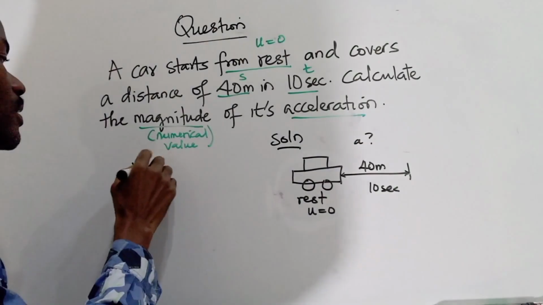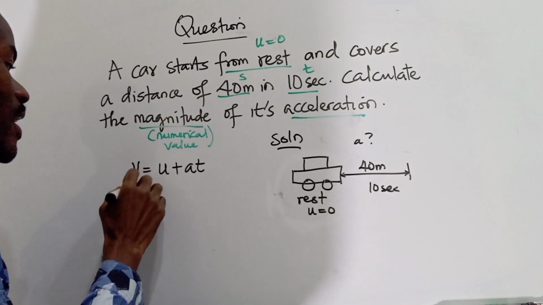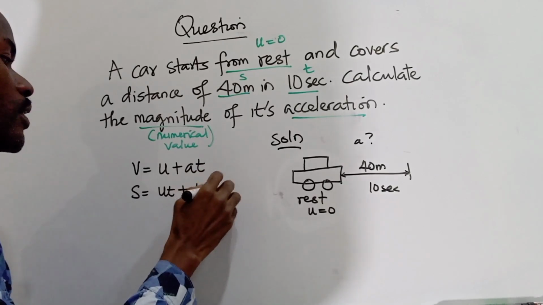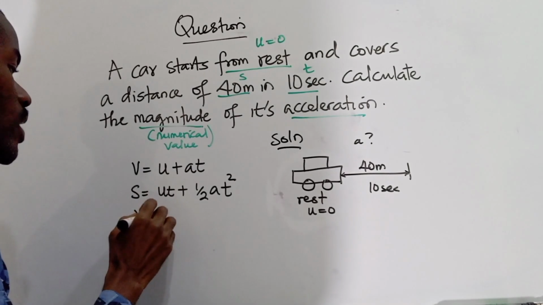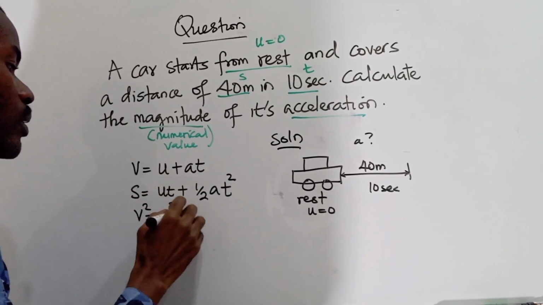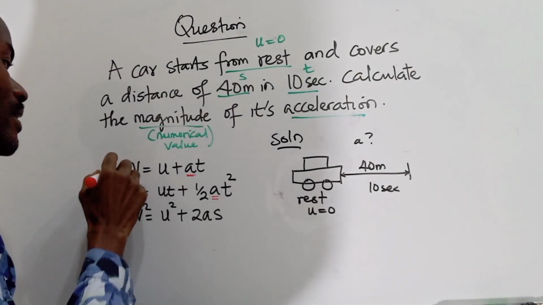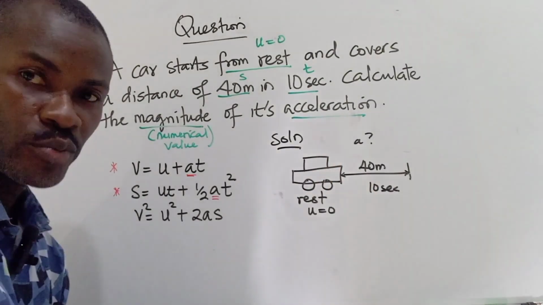So the first is v is equal to u plus at. The second we have is s is equal to ut plus half at squared. And the last is v squared is equal to u squared plus 2as. So either this or this is going to solve this problem.